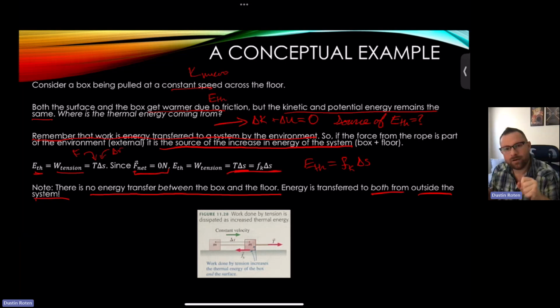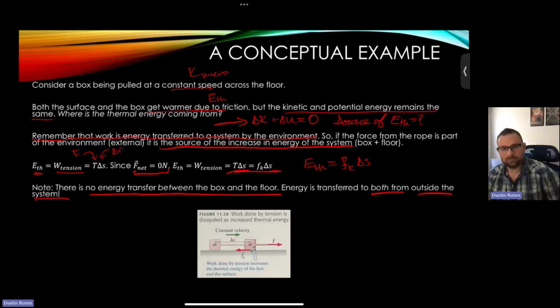So even though according to this one equation, delta K plus delta U equals 0, according to our mechanical energy, which is not changing, the box shouldn't be heating up. So we have to look outside the system with the thermal energy to see where it's coming from. So the non-conservative forces outside, the external work being done, that's actually coming from the rope.